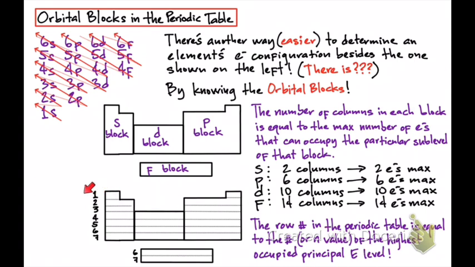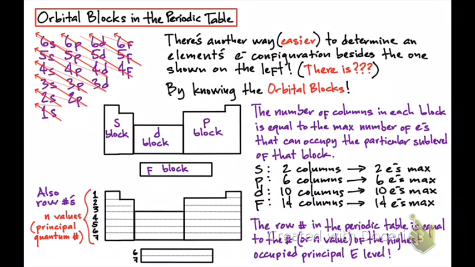So you have n equals 1, n equals 2 for the second row, n equals 3, 4, 5, 6, and 7. And so these row numbers, or these n values, are basically the principal energy level. We didn't really talk about principal quantum number, but this is basically what energy level is. So if you have principal quantum number 1, that means energy level 1.